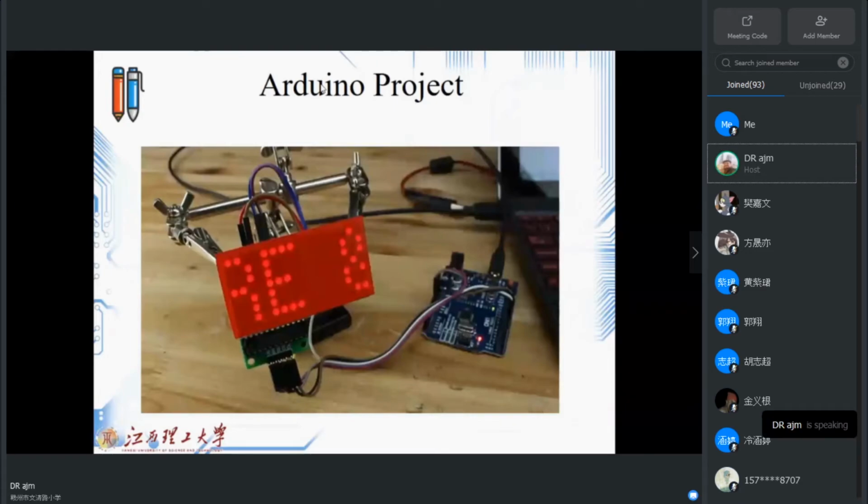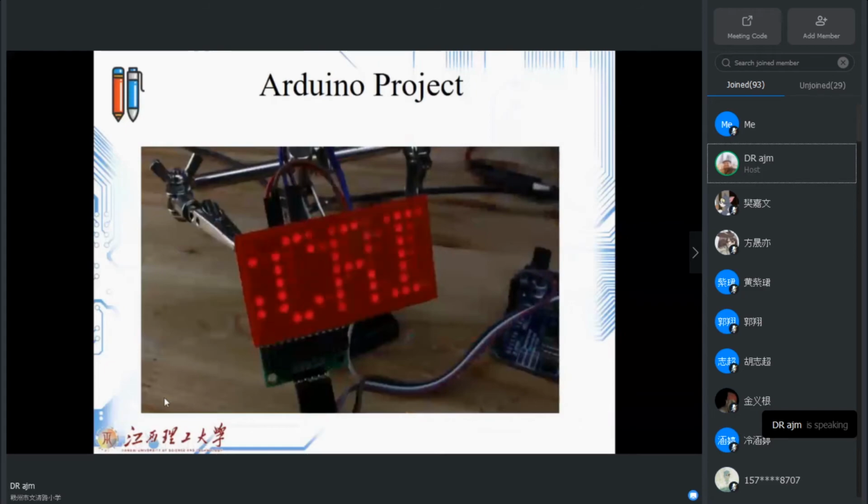What we learned today was analog read, analog write, and then combining it with the serial monitor. All the examples, if you see, are like that. Okay, let us see some video about working with Arduino board.